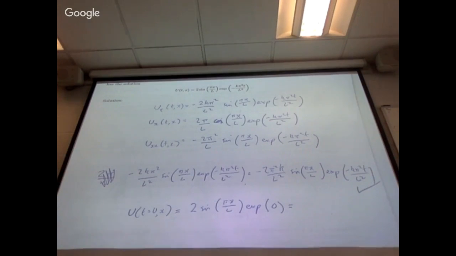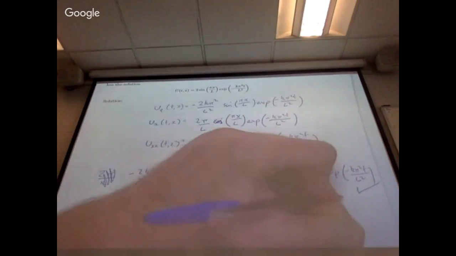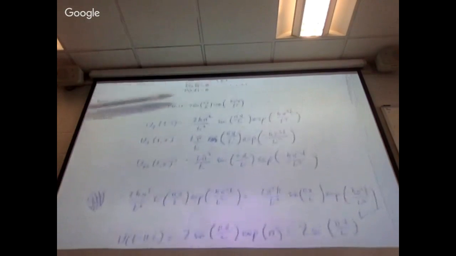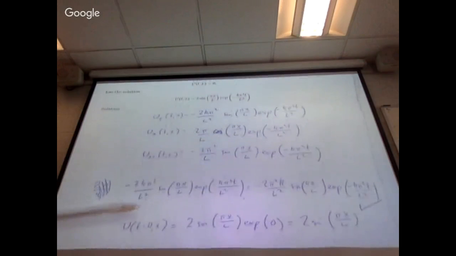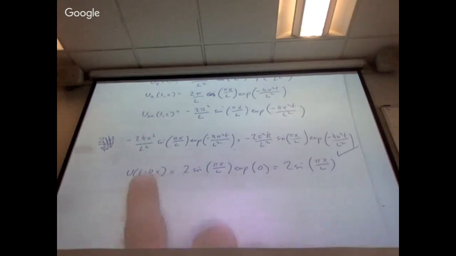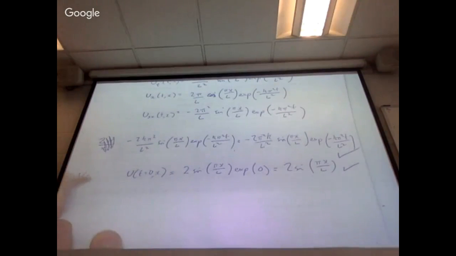Okay, so we have 2 sine pi x over L, which just so happens was what we said was the initial condition. So this is what we think is a solution evaluated at t equals 0. So that's the initial condition satisfied. IC is shorthand for initial condition.